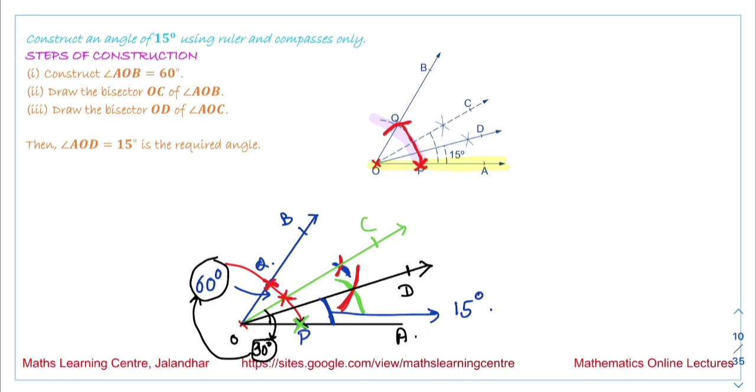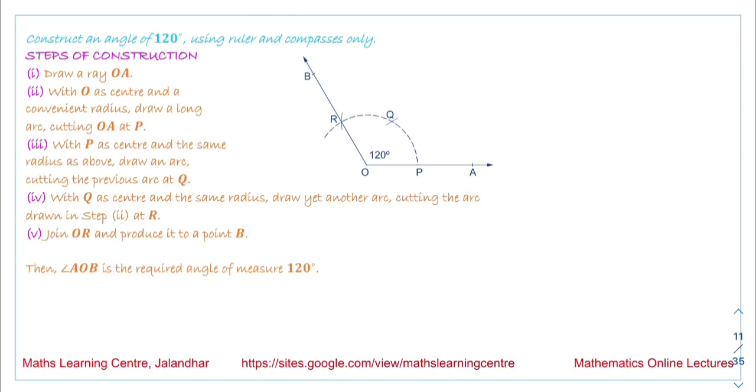Now next we have to construct the angle of 120 degrees. How to draw this angle: we start again with a line OA. We have drawn this line OA. Then with O as center, we have opened the compass and marked this arc over here.